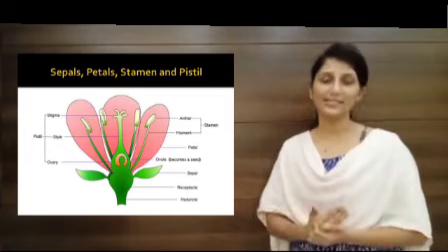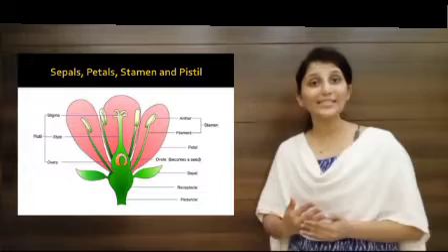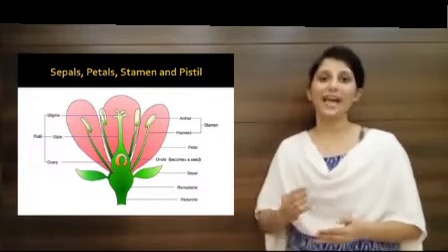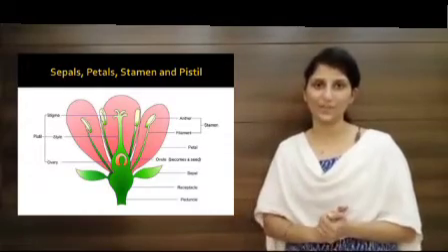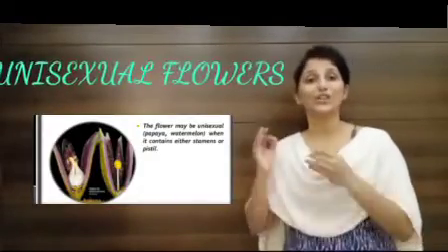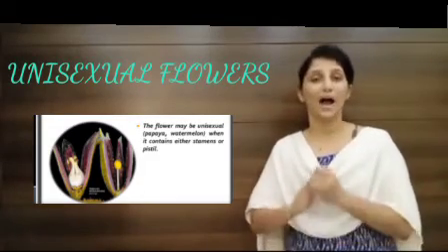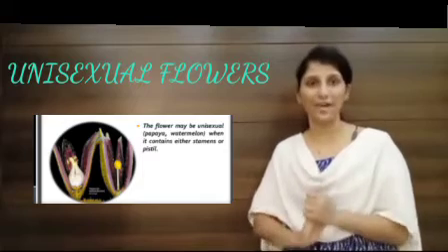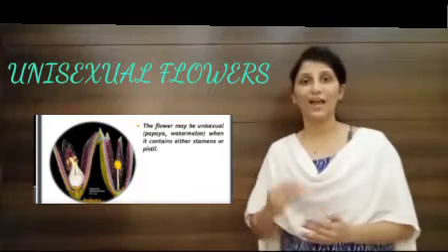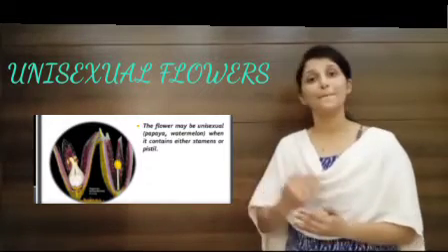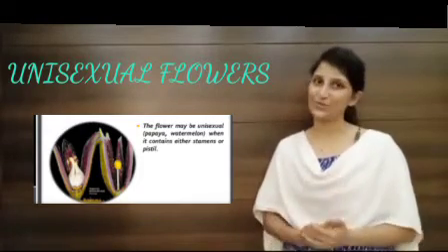In some flowers, such as cucurbits and papaya, the flowers have either the male reproductive structure or the female reproductive structure. Such flowers are called unisexual flowers. So unisexual, only one sex. They have either the stamen or the pistil.